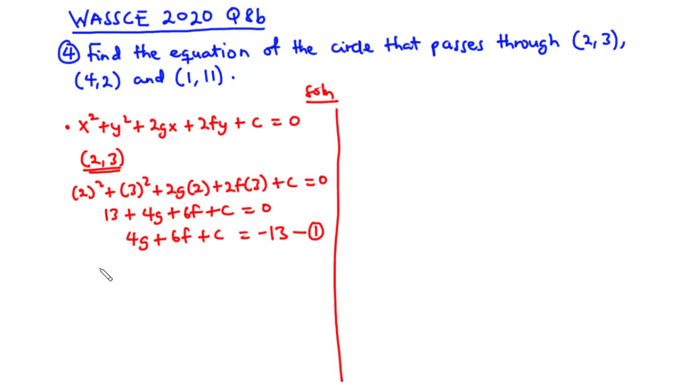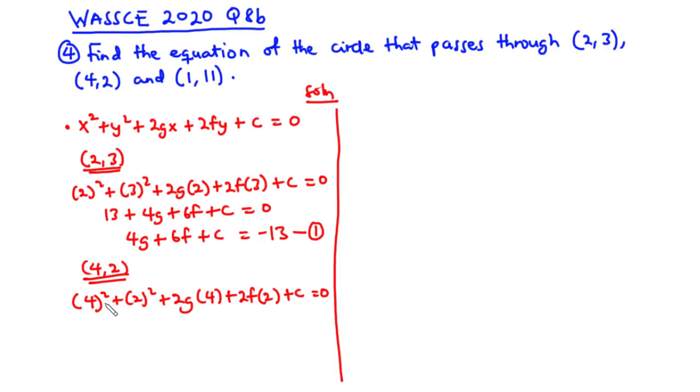Now to the second point, 4, 2. We are going to have 4 square plus 2 square plus 2 times g times 4 plus 2f times 2 plus c equals 0.